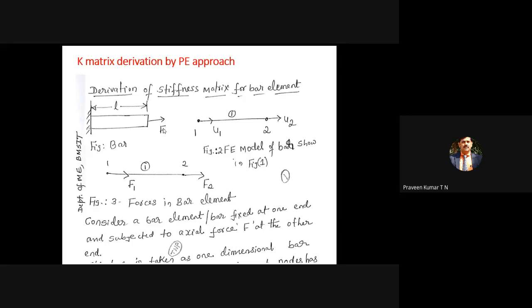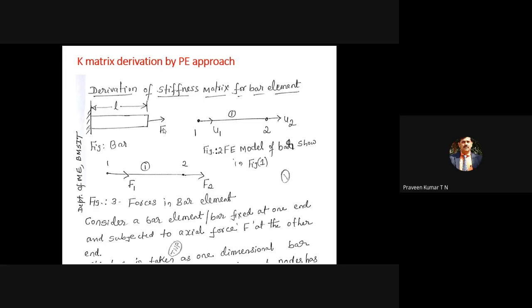The stiffness matrix for the bar element is given by AE by L into [1 -1; -1 1]. That same thing you are deriving here once again. My purpose is that you thoroughly understand the concept of potential energy, so that we can easily use the potential energy approach in heat transfer problems as well as vibration problems.